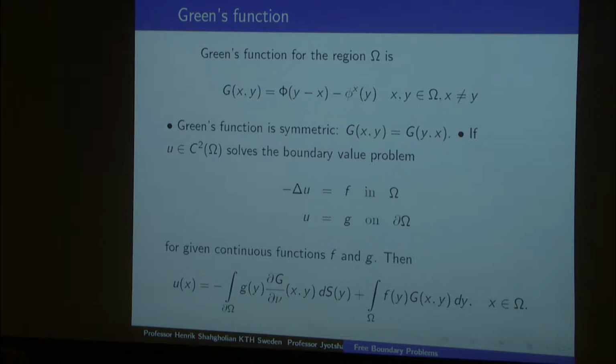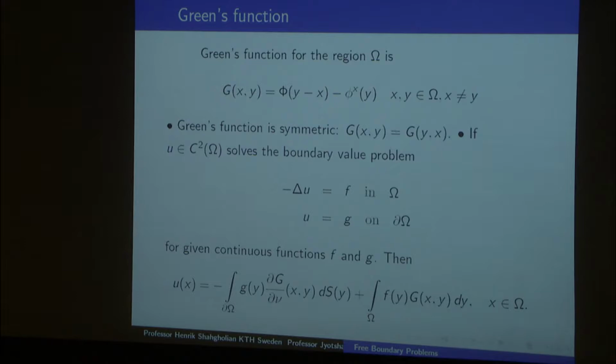And here this is the representation which Hendrik has used a couple of times in his lectures. So if u belongs to C2 of Omega and solves the boundary value problem, then your u(x) is given by this.